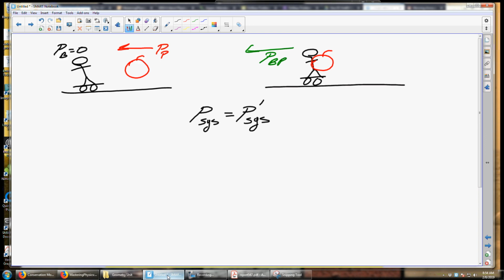Right? And let's see, beforehand, I had momentum of Brittany plus momentum of the pumpkin, and that's going to equal afterwards the momentum of this new body Brittany pumpkin. And I'm going to call that direction positive.